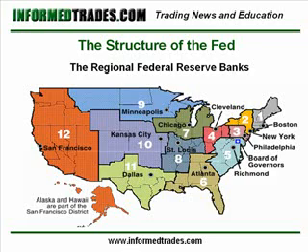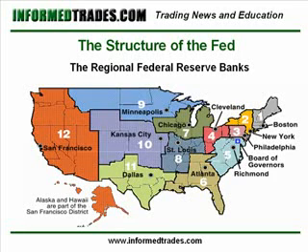As an example, the New York area economy is influenced heavily by what's going on in the financial services industry, while the San Francisco area economy is influenced heavily by what is happening in the technology sector and not so much in financial services. As this is the case, each of the regional banks are strategically located throughout the country so that they can stay abreast of current economic situations in each area.